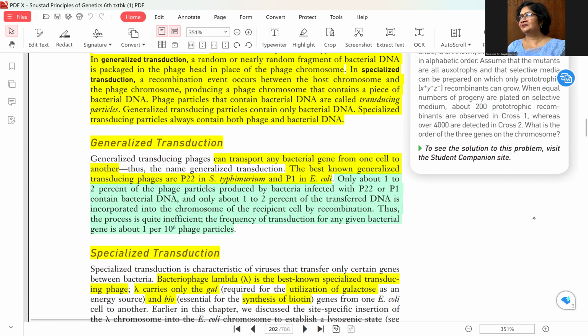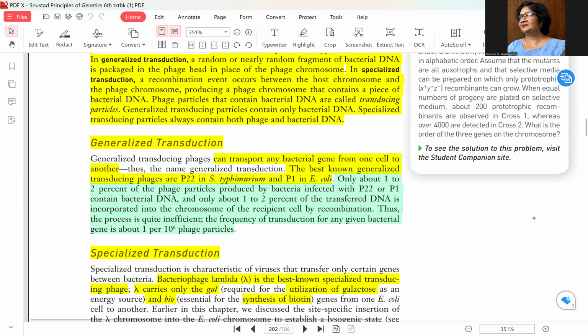Since the current environment is not suitable anymore, the virus progresses to infect cells in other environments that are suitable for the bacterial cells to survive and hence suitable for the viral DNA or the virus particle to be propagated. Now, transduction can be either generalized transduction or specialized transduction.